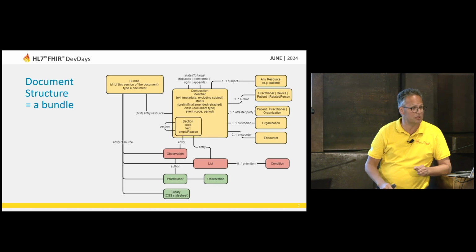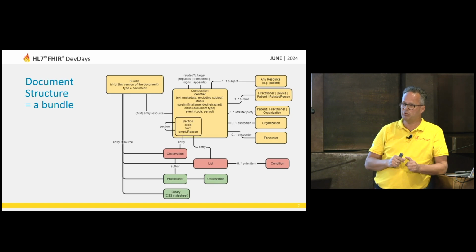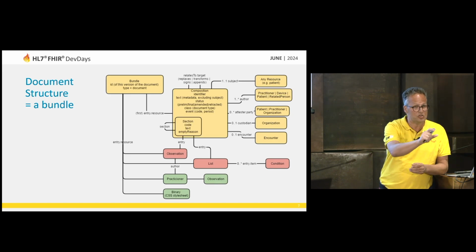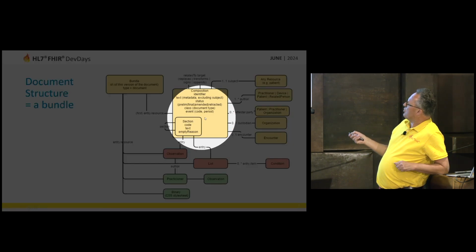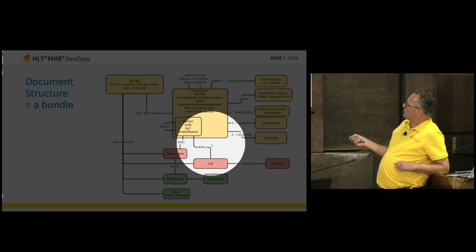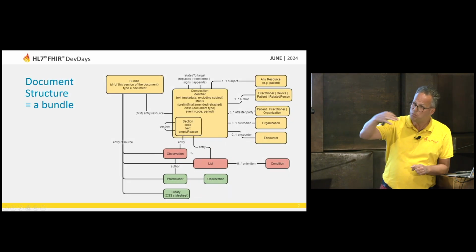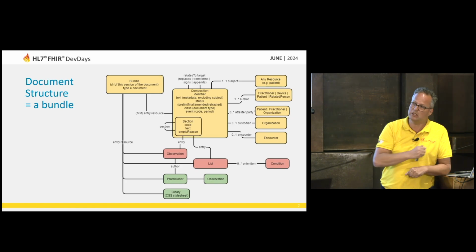When was the document written? What's the associated patient? What's the document type? That's the metadata that we have in the document. Plus, sections with human-readable text. And that human-readable text can then be enriched, you see that here through this reference, with FHIR resources that contain the computable expression of that same content that's already in the text.